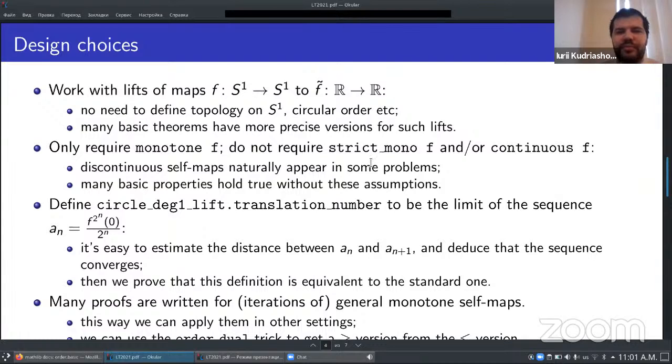When a mathematician deals with this in a paper, of course, people very often talk about rotation numbers, but actually mean translation numbers and vice versa.